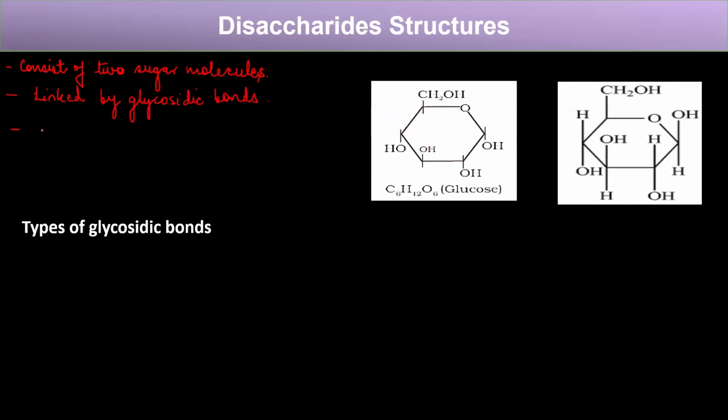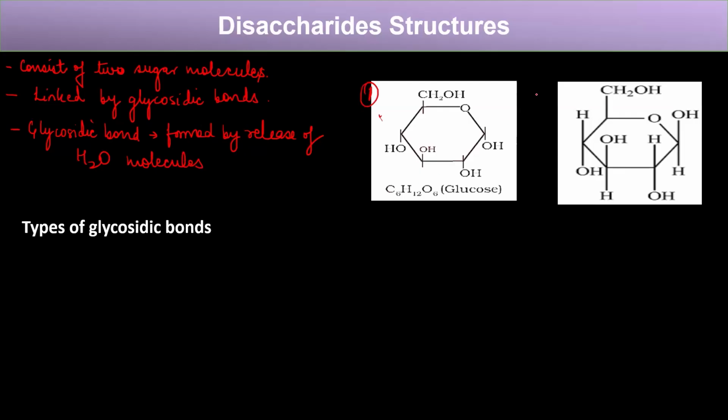And how are glycosidic bonds formed? They are formed by release of a water molecule, right? So suppose this is your one sugar molecule, this is your second sugar molecule.